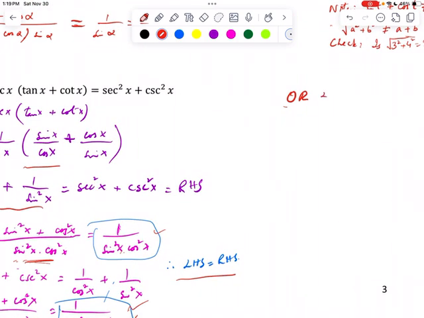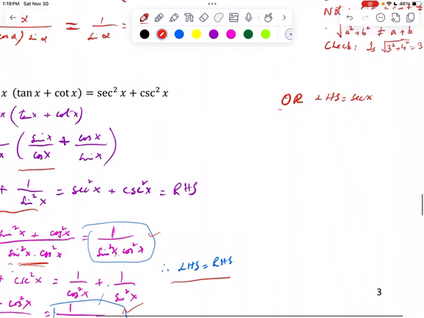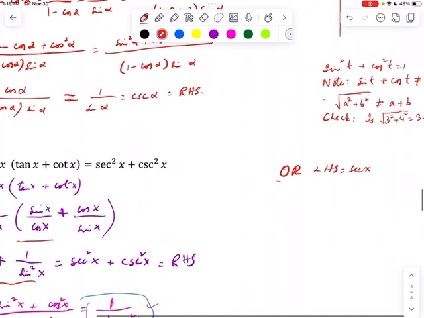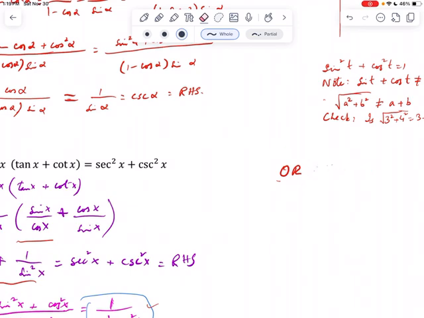So the left hand side, secant x times cosecant x times tangent x plus cotangent x, right?